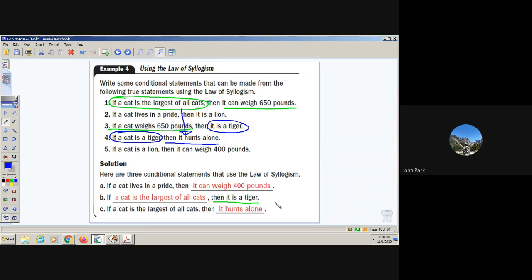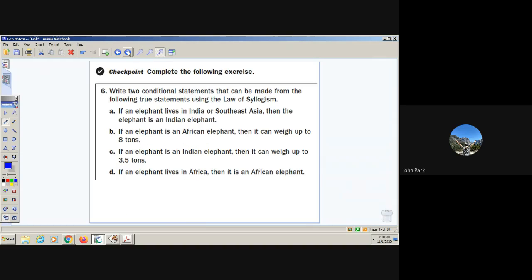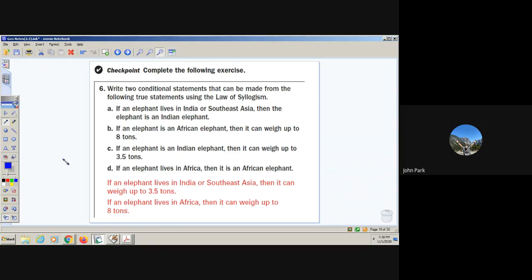So that's how we use the law of syllogism to make another if-then true statement by jumping around. Here's another practice. You can make a whole bunch of true statements using all the statements here by making connections. If an elephant lives in India or Southeast Asia, you start with this, which is here.